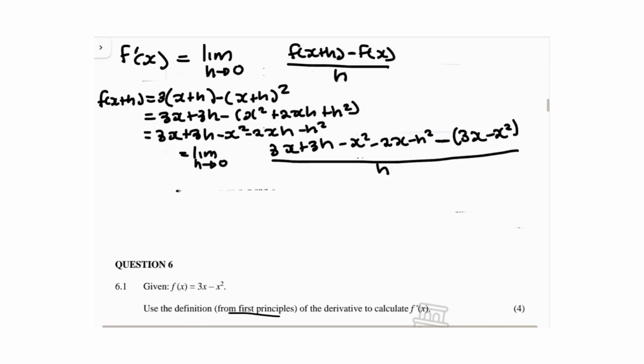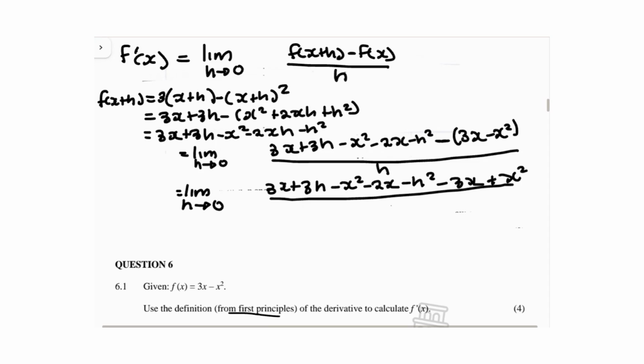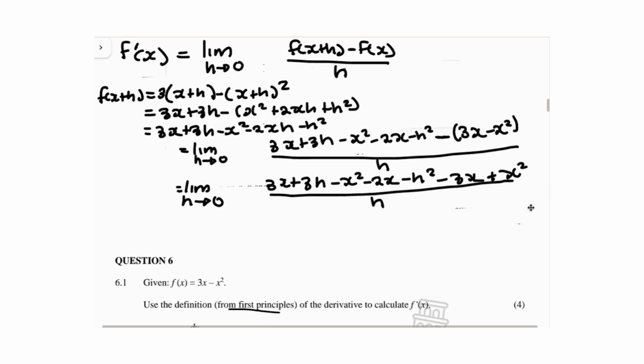When we remove that bracket, remember guys, you carry the limit as h tends to 0 throughout, until just before you substitute 0 for h. So we have 3x + 3h - x² - 2xh - h² - 3x + x², all still divided by h. Now I'm going to look for like terms.